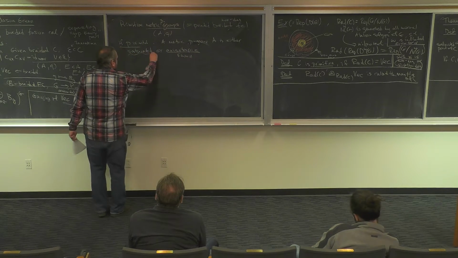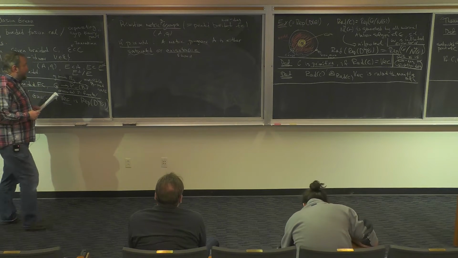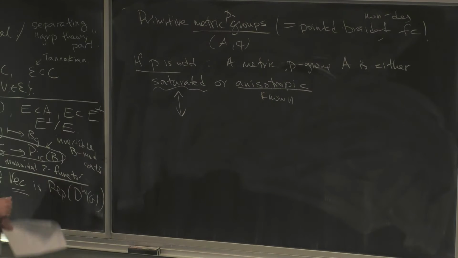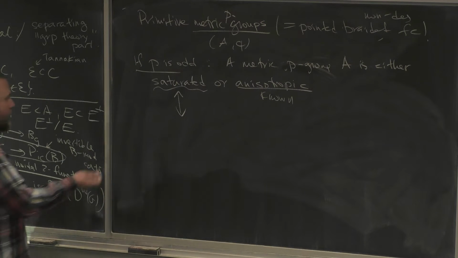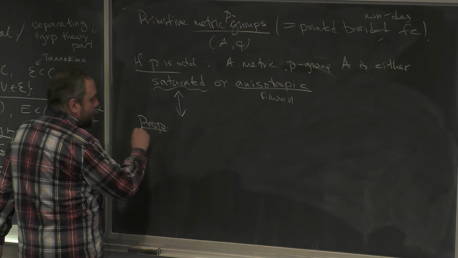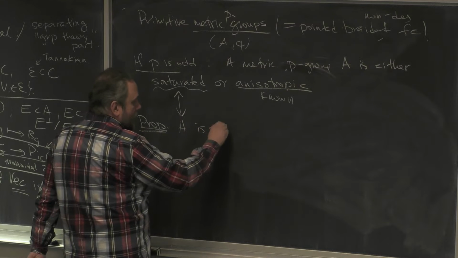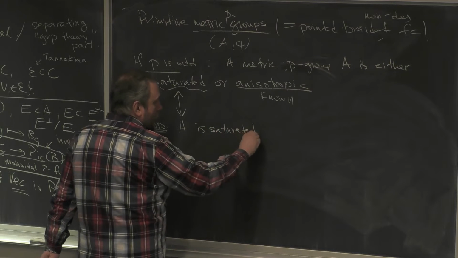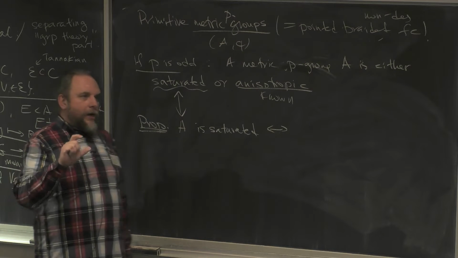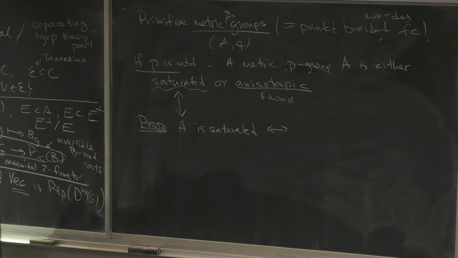And so what would be the saturated then? Well, there is a characterization of this. So a metric p-group is saturated if and only if, so let me write this down here. Proposition: A is saturated if and only if it has a hyperbolic summand of the maximal exponent.